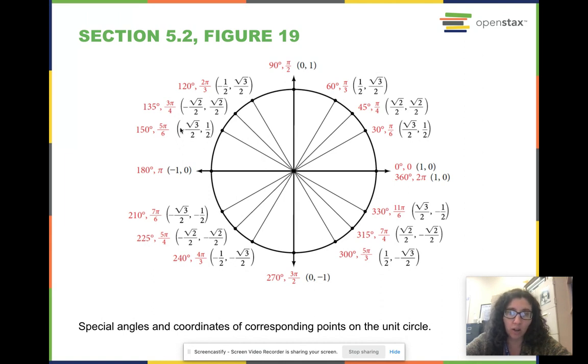Let's look at this one right here, 150 degrees, okay? What's the reference angle for 150 degrees? Well, it's going to be 30, right? Because there's 30 degrees between that and the x-axis. So the reference angle for this is 30 degrees. So the values for cosine and sine are the same. And now we use the quadrant that it's in to figure out if they're positive or negative.